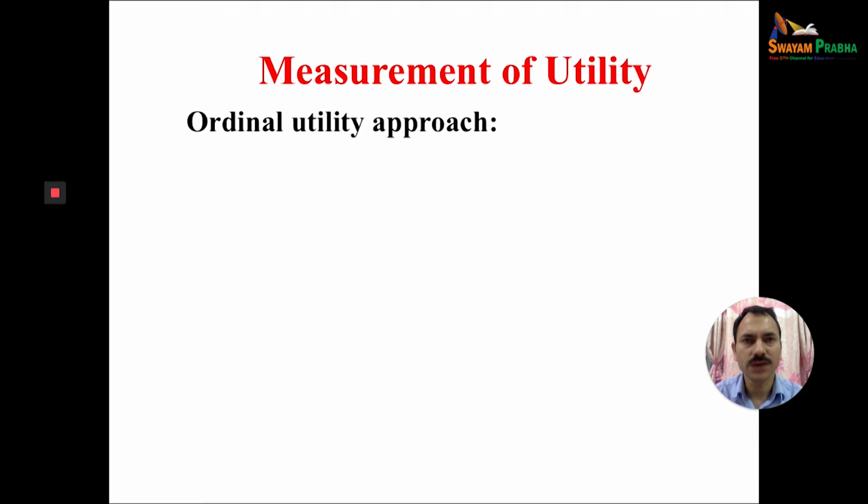The law of diminishing marginal utility means that as you consume more and more units of a product, the marginal utility starts diminishing. By marginal we mean additional utility. Whereas equi-marginal utility means equal satisfaction. So we'll discuss these laws of utility in the next lecture. Right now we'll focus on the ordinal utility approach.